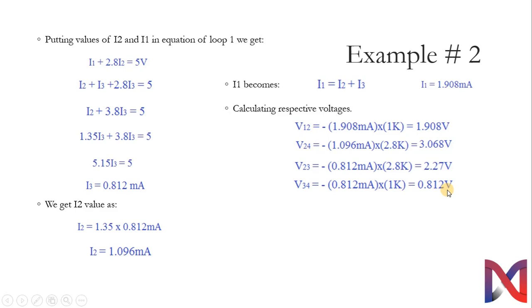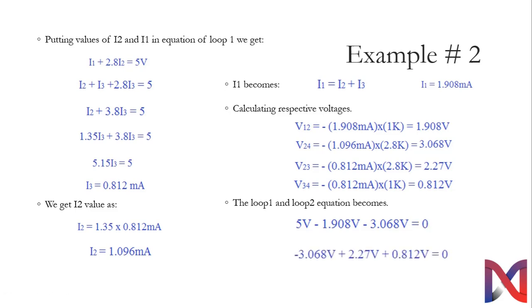Now we will verify respective loops equation. So for loop 1, we will have 5 volts minus 1.908 volt minus 3.068 volts. So it is exactly equal to 0. Hence KVL is proved.